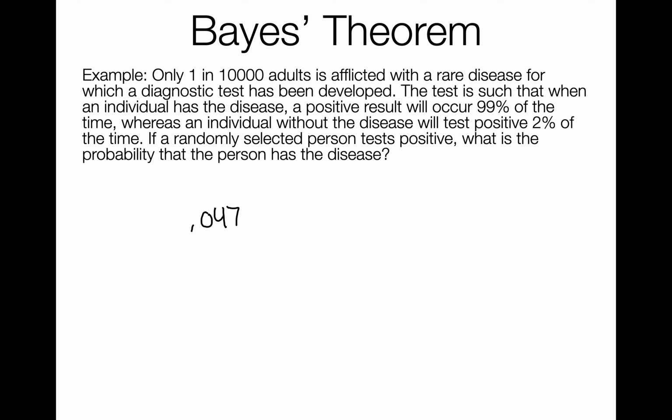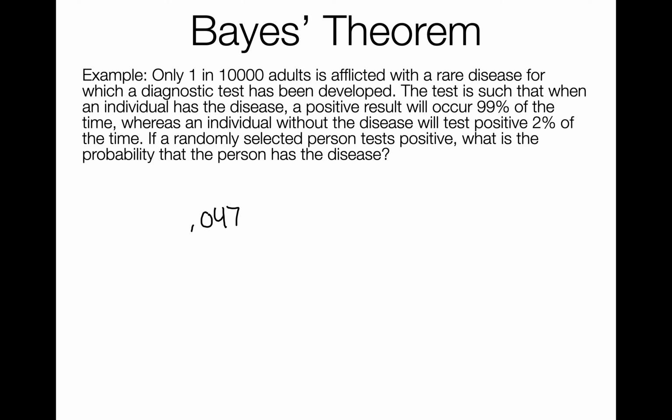Only 1 in 10,000 are afflicted by that disease. So if you go out and test the population, there's not that many diseases out there. And so even though you're only going to get that positive test without the disease 2% of the time, this disease prevalence is so small that if you go out and test positive, what's the probability that you actually have the disease?